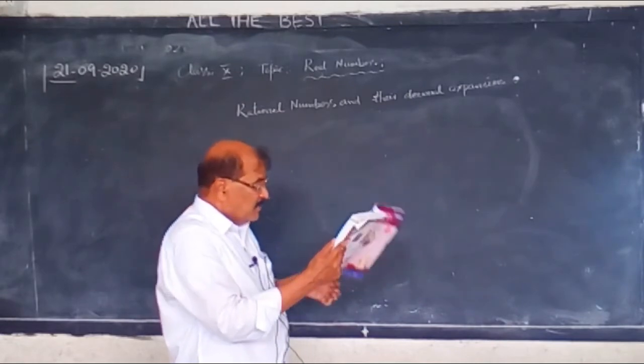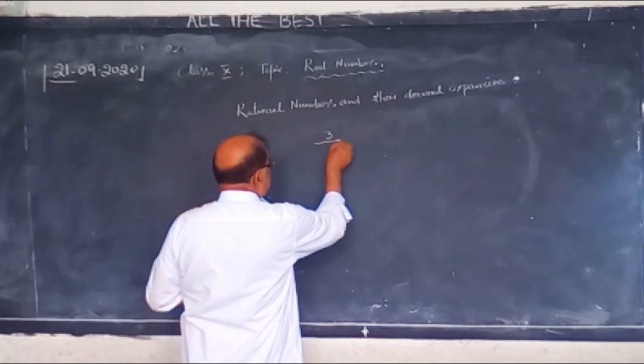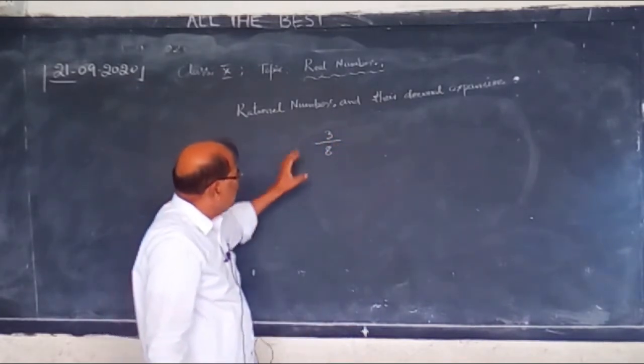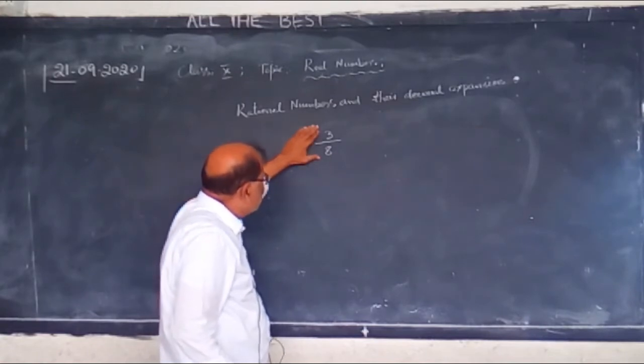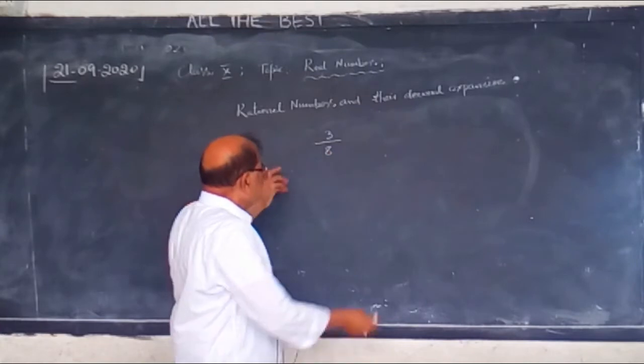Now, let us see 3 by 8. Find out whether it is a terminating decimal or non-terminating. Let us see.